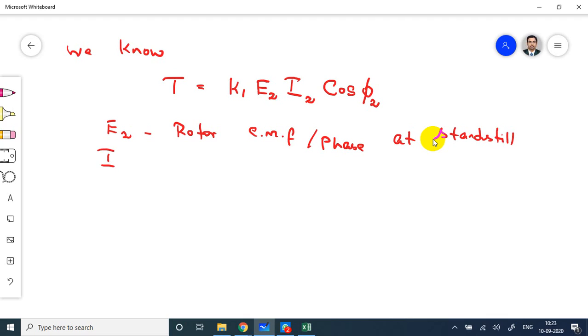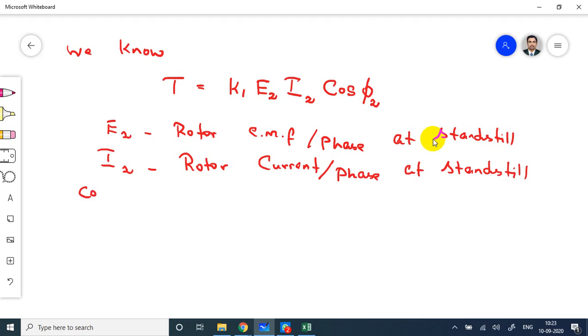I2 is the rotor current per phase at standstill.